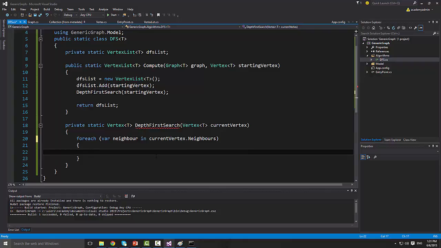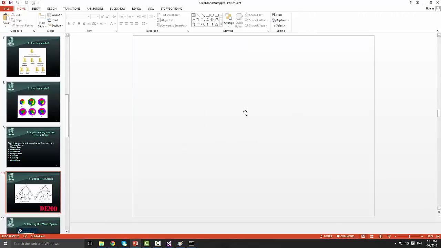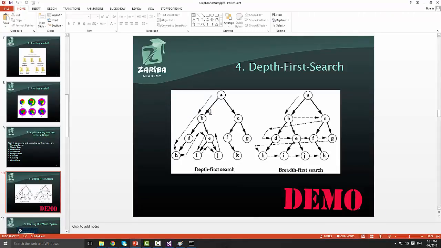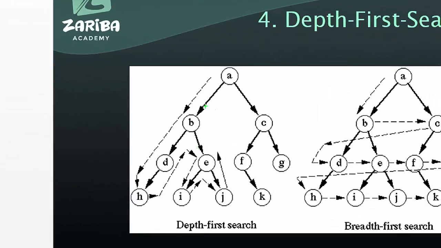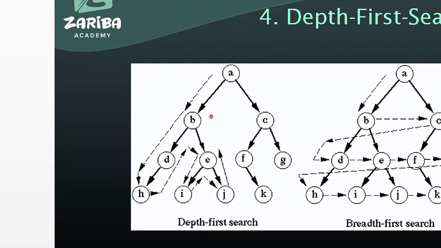Okay, so first of all, I want to check if I already have the neighbor in my list. So let me go back to the picture in the presentation. Let's say that we are here, then we went here. Actually, no, this one is not good. Let me do that again. So if I am here, then I am here, then I'm here.